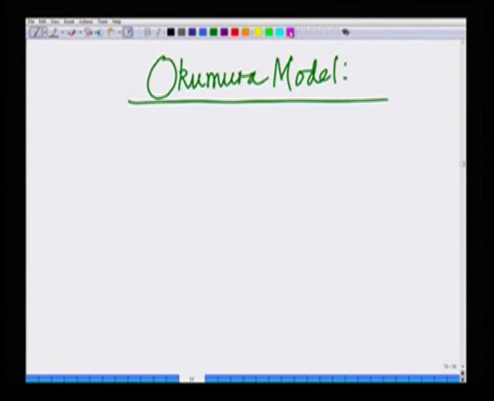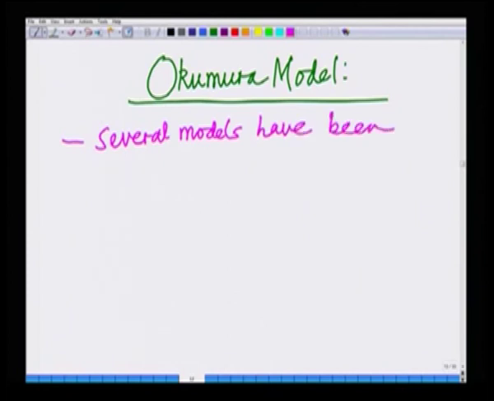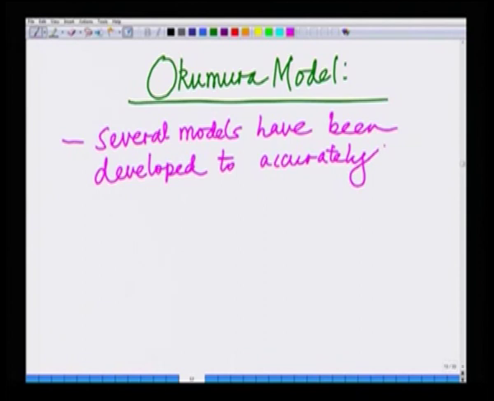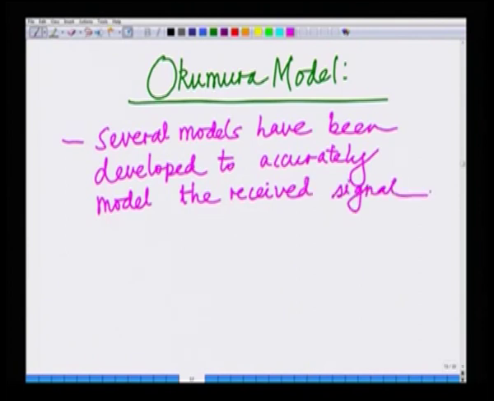Let me again reiterate the point: several models have been developed to accurately model the received signal strength in practical wireless scenarios.